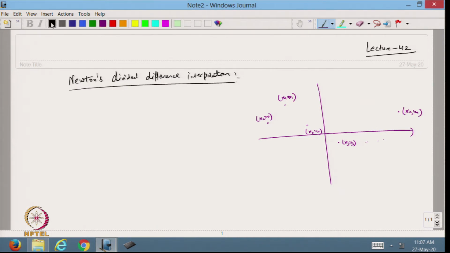Now I define what is meant by the divided difference table. So first of all I will define divided difference. Suppose these points are given to me, and let me rearrange these points and write them in the form x0 less than x1 up to xn. So this is the ascending order I am taking.